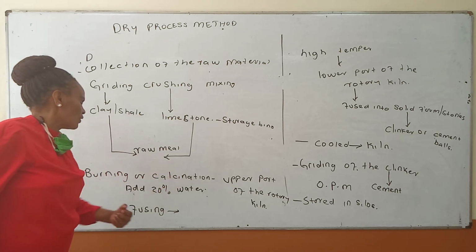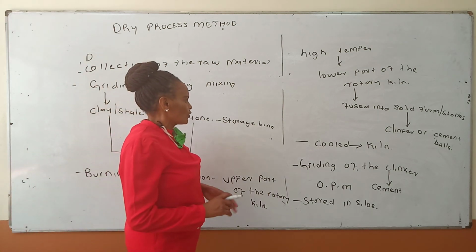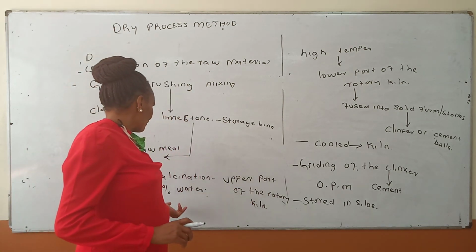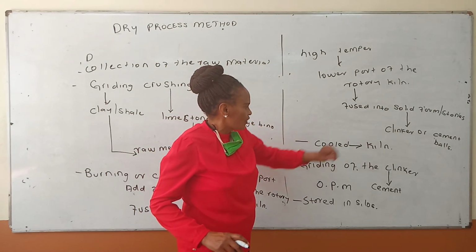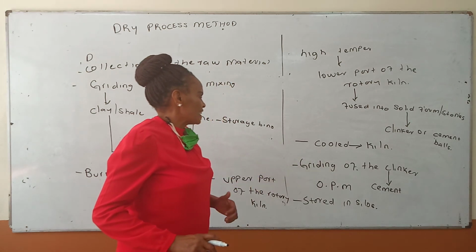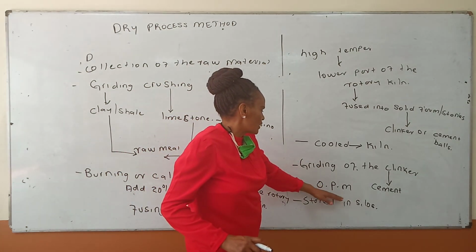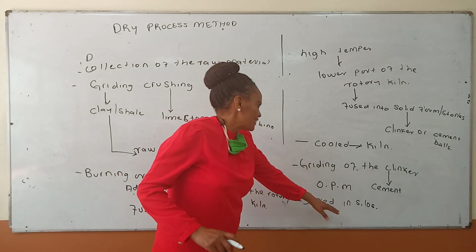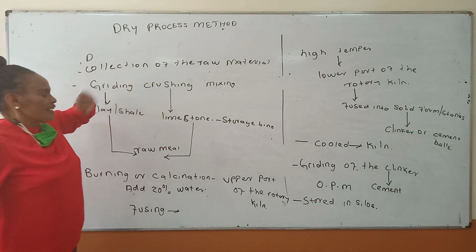What you get as a result is what we refer to as the balls, or the clinker. Then you cool the clinker, and grind it to get the OPC, ordinary Portland cement, and then it is stored in silos. So that is all there is in that process.